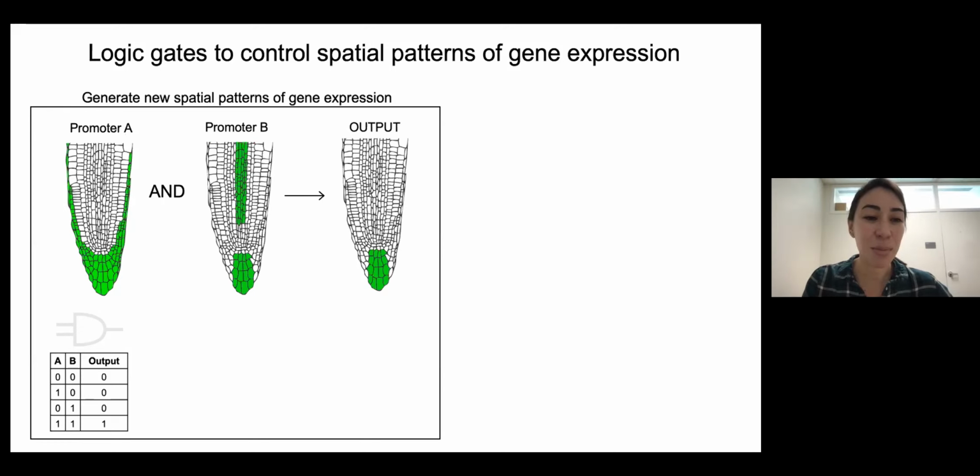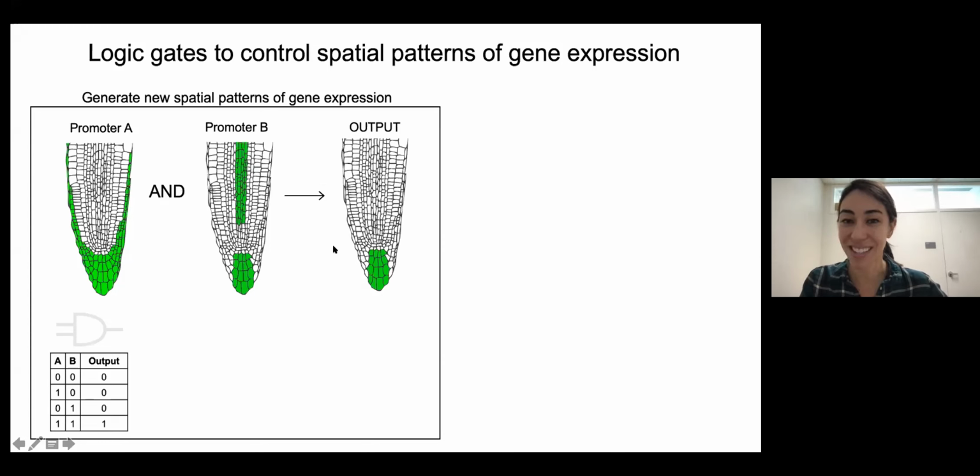So here you've got expression in just the root tip being driven by promoter A, and promoter B has expression in a subset of the root tip, which is a region of the plant called the columella, and expression in some of the central vascular cells. If you were to combine the activity of these 2 promoters using an AND gate, for example, you would get expression only where promoter A and promoter B are active, which would be those specialized columella cells in the tip of the plant root.